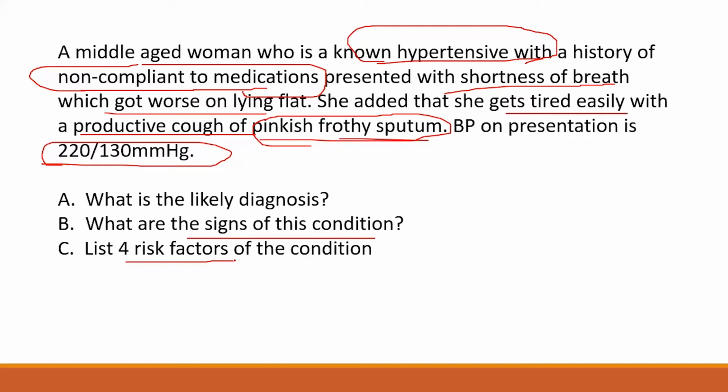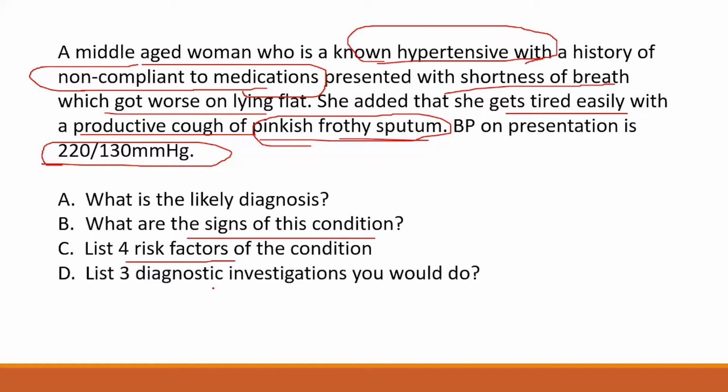So again, high blood pressure, coronary artery disease, myocardial infarction, diabetes, obesity, alcohol abuse, congenital heart defect, valvular heart disease, certain medications like NSAIDs. You can be thinking about the gender, the race, and so on and so forth. There are a lot. Just mention 4 and you are good to go.